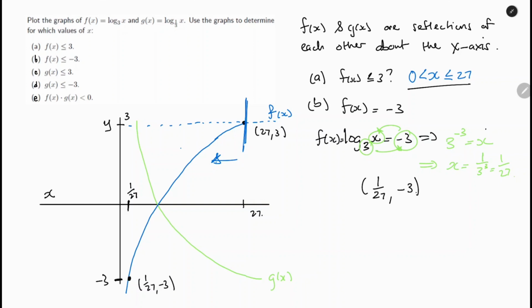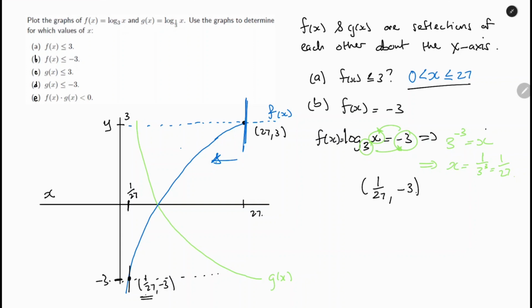Right, so where is the graph of f of x less than this minus 3? So that is clearly in this little section here, where x is in that value. So that is where x is less than 1 over 27.